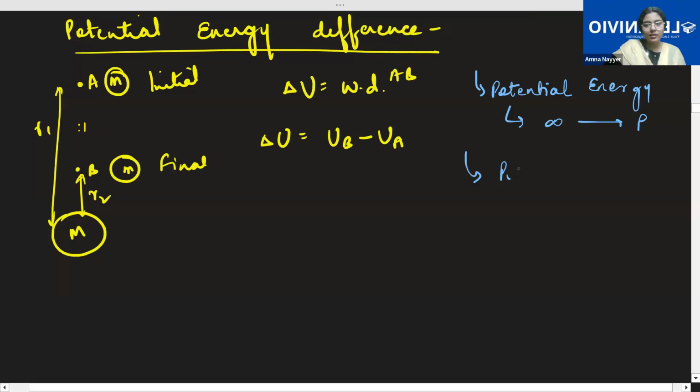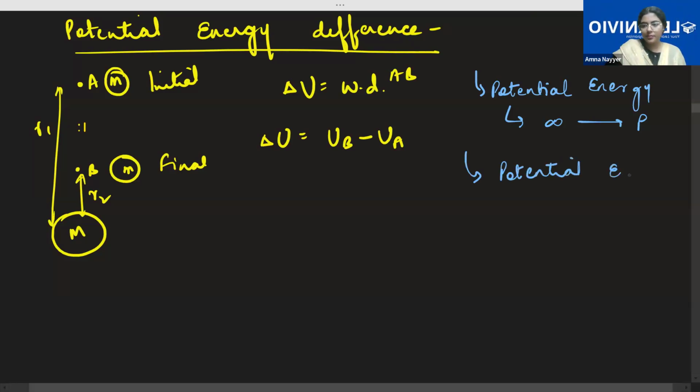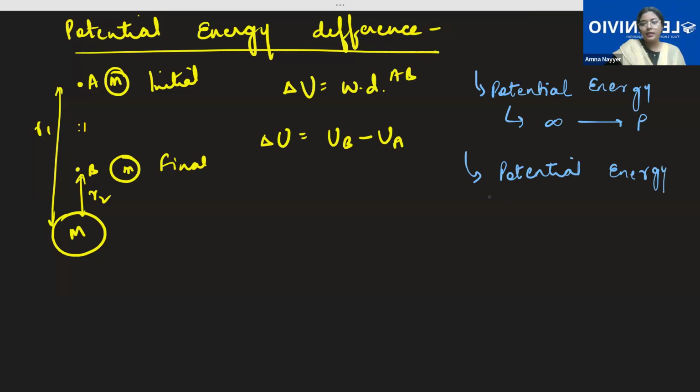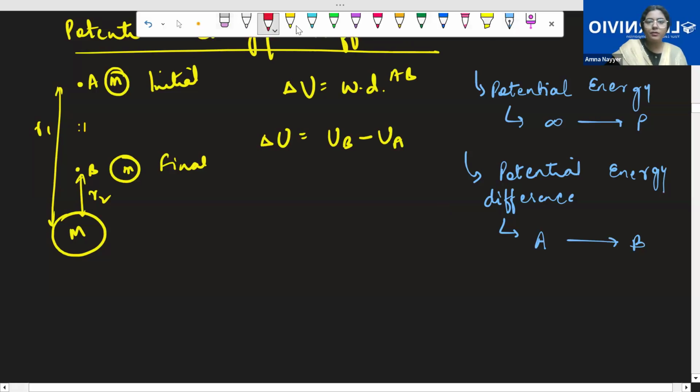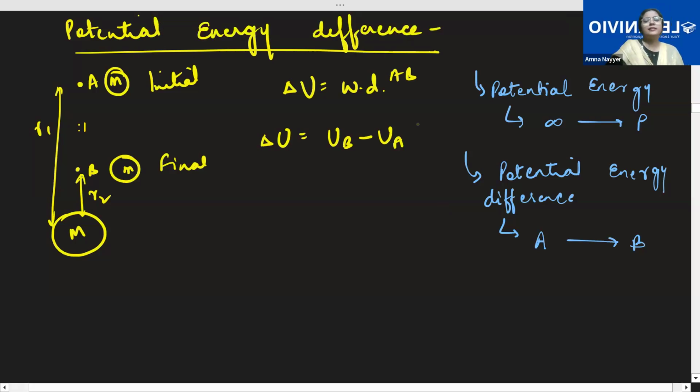Then you have potential energy difference. Now, how is it different? This is from one point to another point. So that's all the difference that you have to keep in mind. Rest of it is exactly the same, the meaning and everything that we've studied.